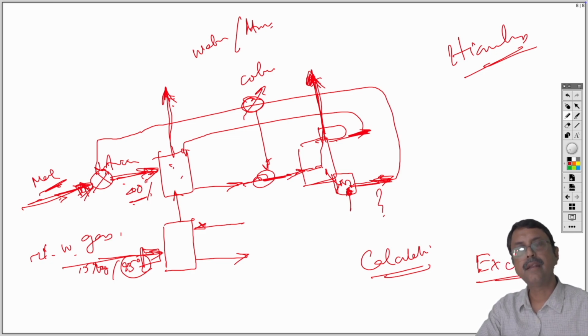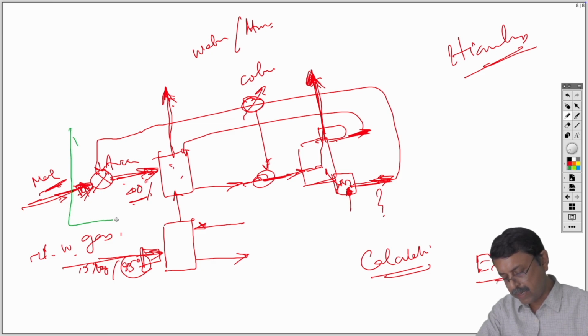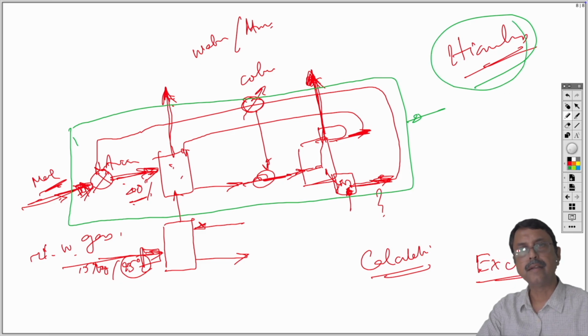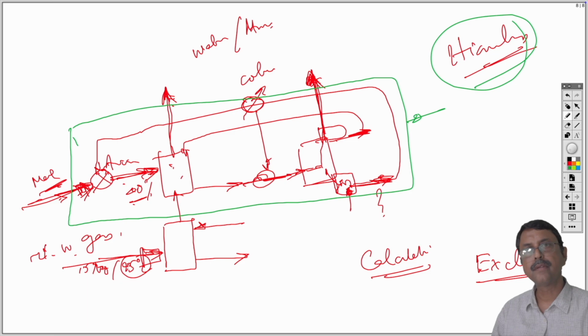All other things are internally recycled. Okay, so we can create a kind of enclosure over here, around the entire thing, and we can put it into the hierarchy so that the entire process is engulfed within this particular hierarchy box, and the simulation becomes cleaner and easier to read. How we will do it, we'll learn later.